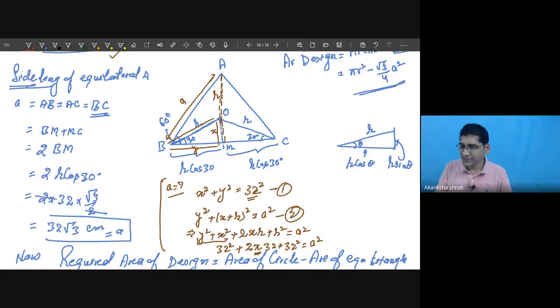This method we have learned in class 9, where trigonometry was not there, then we were using this method. So you can solve it by applying this x and y. It's not difficult. I hope so.